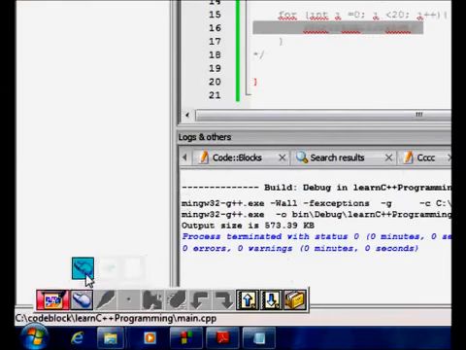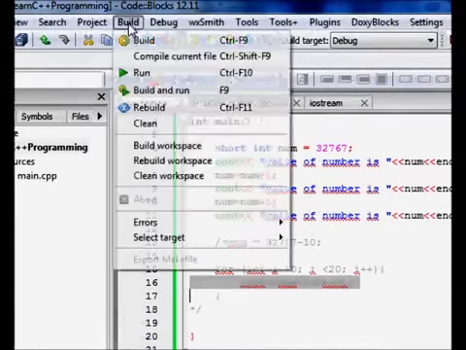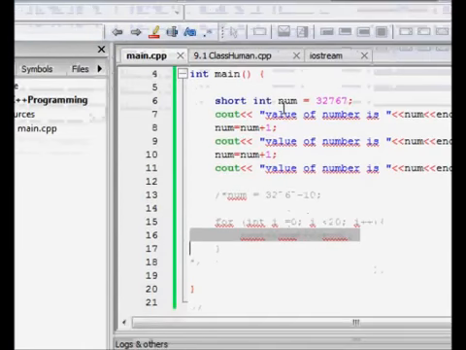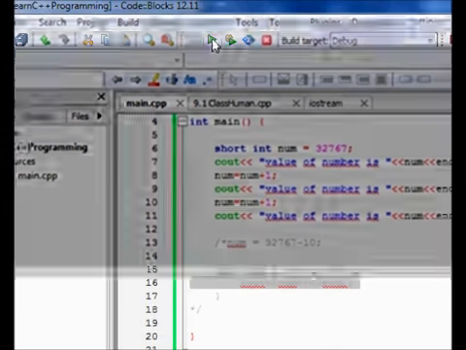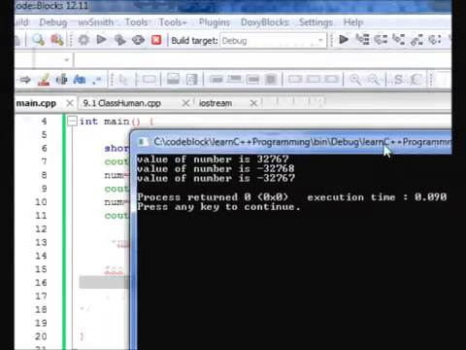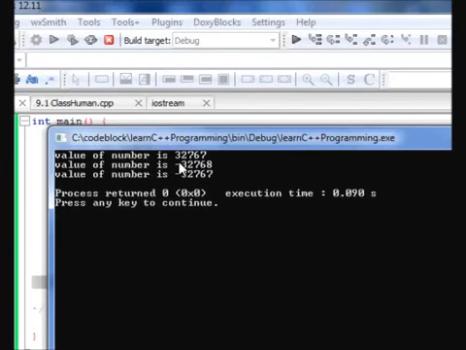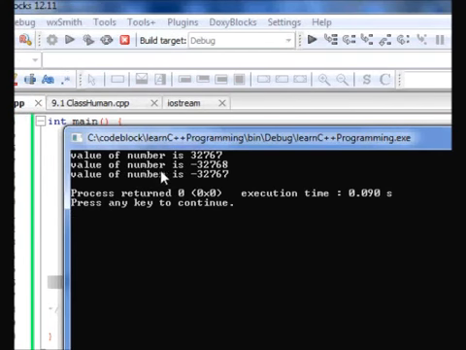We build this code and run it. You see the value of the number is initially the maximum positive number of 2 bytes for a signed number. Now suddenly if you increment it, it becomes the most negative number, then when I increment it again, it becomes that plus 1.